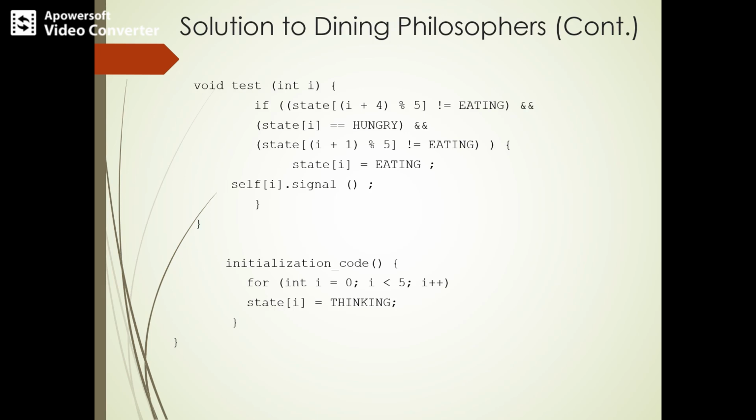If his left neighbor is not eating, and similarly his right neighbor, state of I plus 4 mod 5, is not eating, and the current philosopher is hungry, he starts to eat, and the state of I becomes eating. Once he has finished eating, he releases the chopstick with self of I dot signal. And the initialization code assumes that all the philosophers initially start thinking.